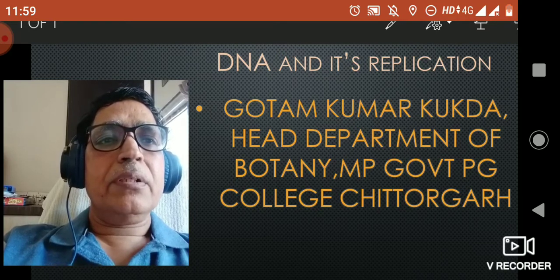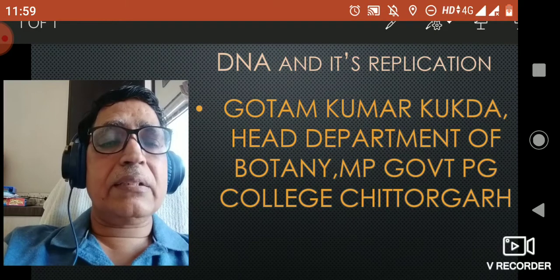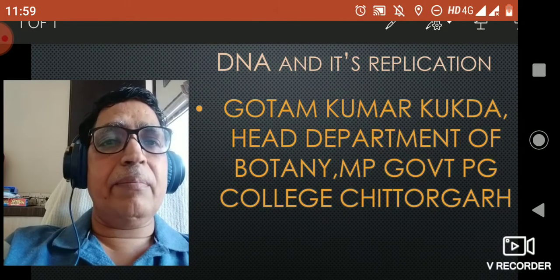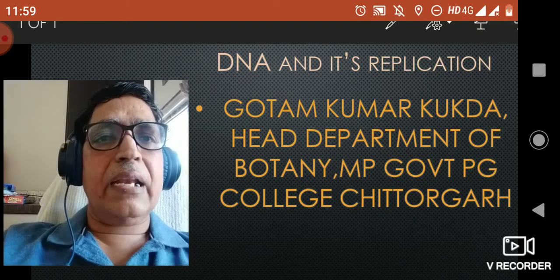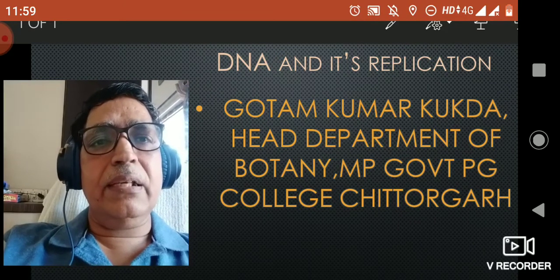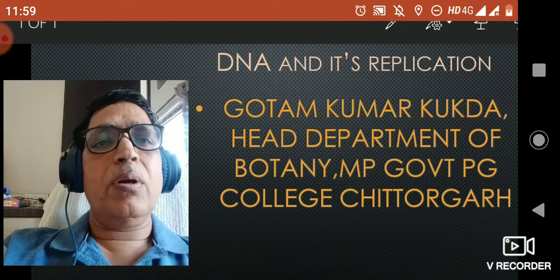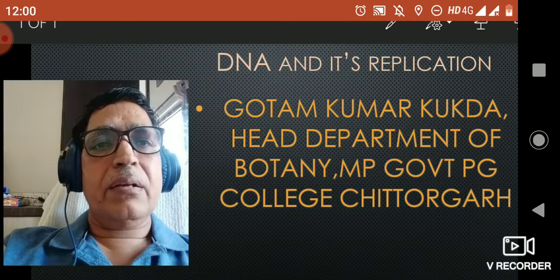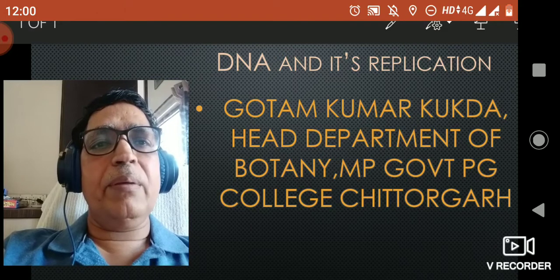The formation of DNA firstly requires an RNA primer on the 5 prime end. That RNA primer is synthesized by the RNA polymerase enzyme. The RNA polymerase enzyme forms a small RNA primer on the 5 prime end, and then DNA polymerase comes into action.